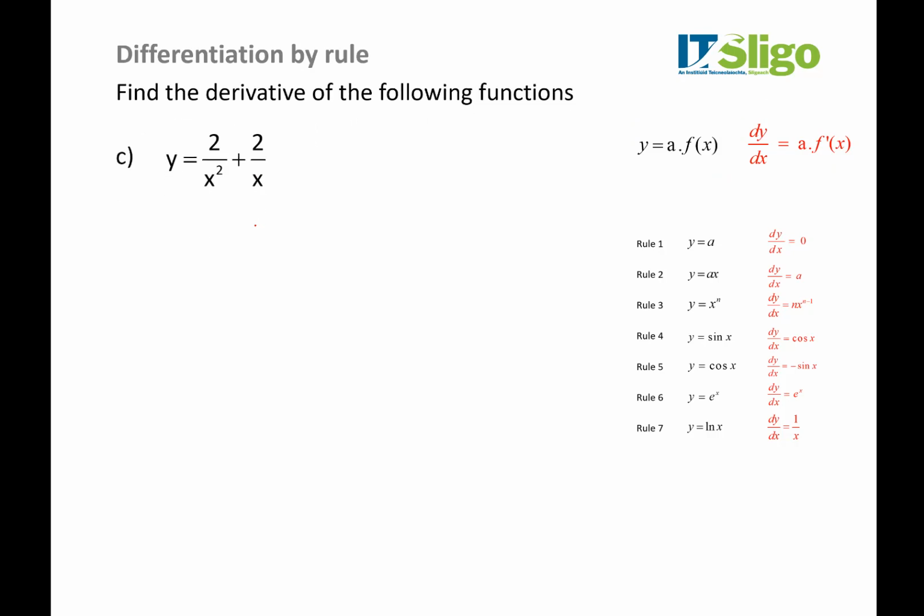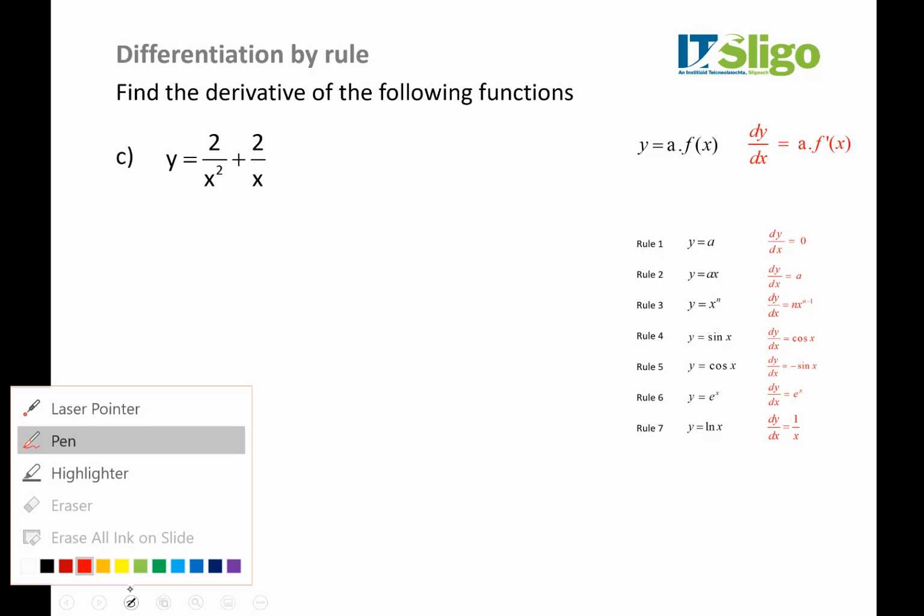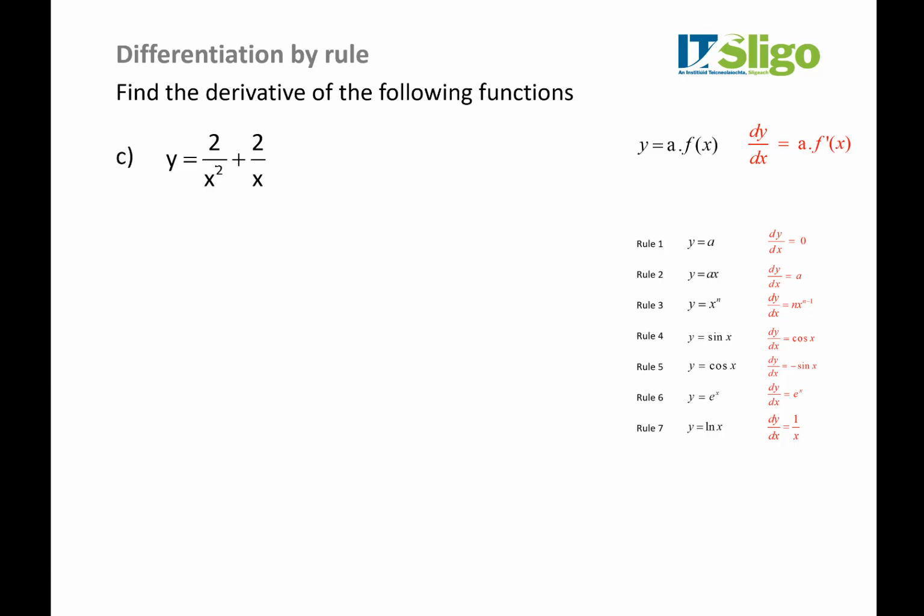This one's a little bit trickier. So anytime you have powers below the line, it always makes sense. Notice I'm not changing the function. This becomes 2x to the power of minus 2 plus 2x to the power of minus 1.